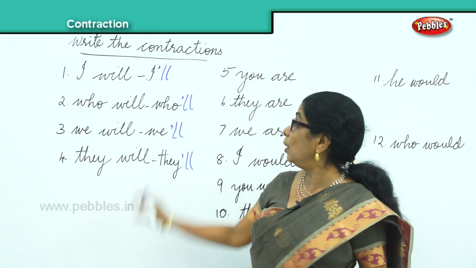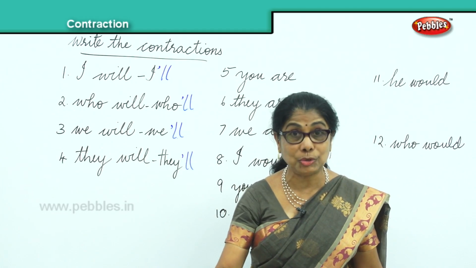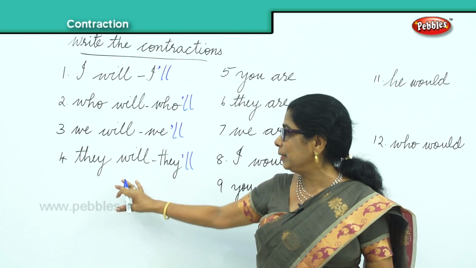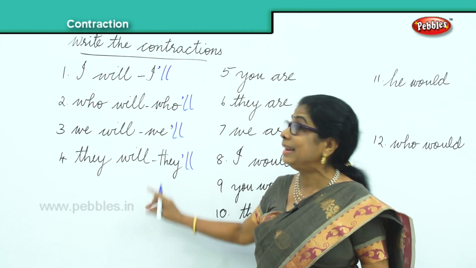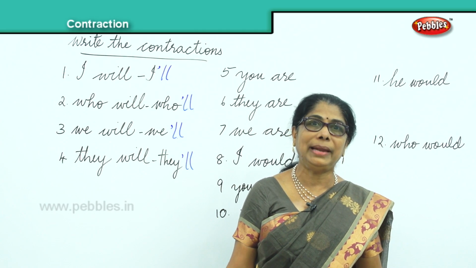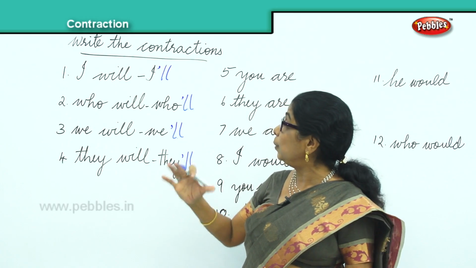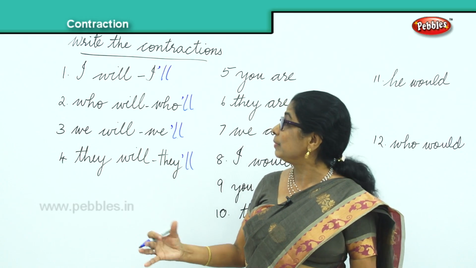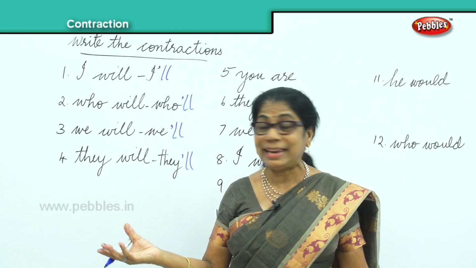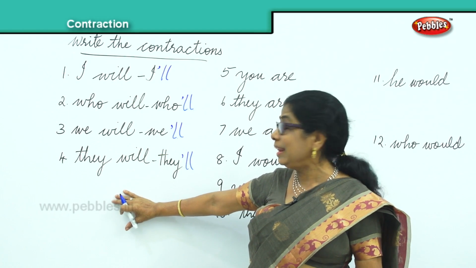Who'll? You'll come tomorrow. You'll be there. They'll. For all this, you just write apostrophe and double L. This contraction you have to remember very, very carefully. I will, I'll. Who will, who'll. We will, we'll. They will, they'll.